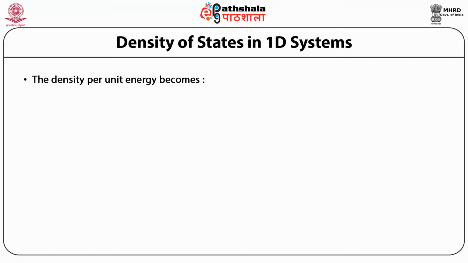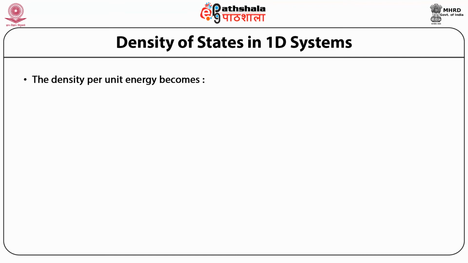That is, the k-space volume of a single state inside the k-space is given by V single state equal to pi by L, and the k-space volume of the line within the k-space, that is V line, equal to k. So the number of occupied states in the line, that is capital N, equal to V line divided by V single state, multiplied by 2, multiplied by half, equal to kL by pi.